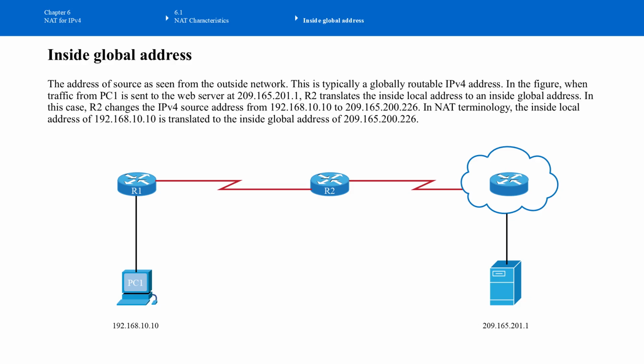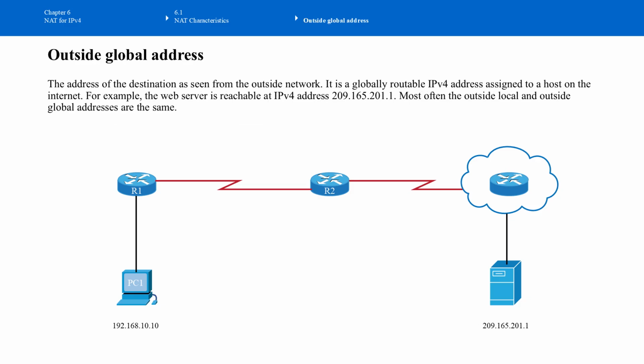In this case, R2 changes the IPv4 source address from 192.168.10.10 to 209.165.200.226. In NAT terminology, the inside local address of 192.168.10.10 is translated to the inside global address of 209.165.200.226.